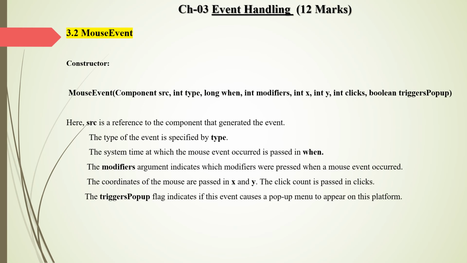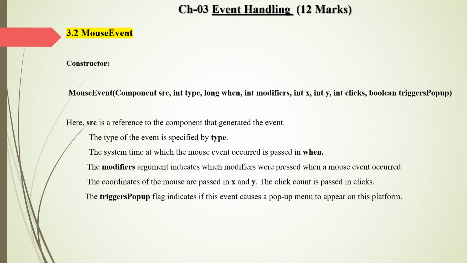Then the modifier argument indicates which modifier was pressed when the mouse event occurred. There are several modifier keys. Examples are Control, Shift, Alt. These are the modifier keys. Next, the coordinates of the mouse are passed in x and y.